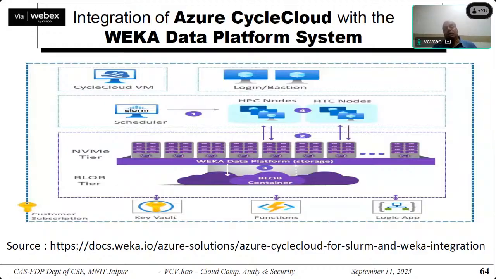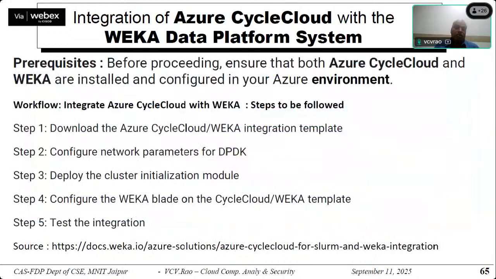That is how Azure CycleCloud with the WEKA data platform is going to become more popular. Now you can plug in third-party schedulers and third-party resource managers, and it automatically takes care of LDAP as well as the directories.